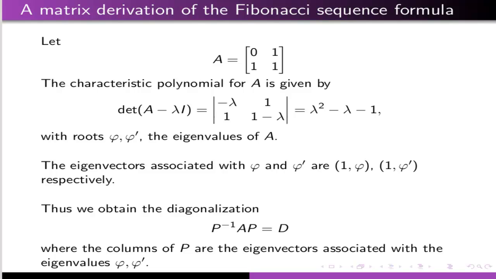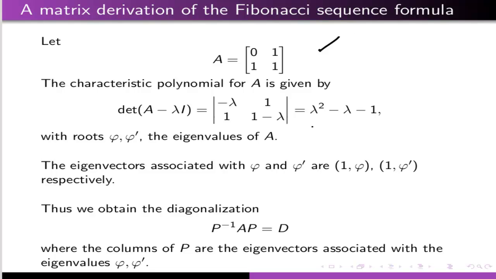Okay, now let's rederive the formula we got for the nth Fibonacci number using a little linear algebra. So I start with our generating matrix A. The characteristic polynomial for A is defined to be the determinant of A minus lambda I. So take this matrix, subtract lambda times the identity, and form the determinant.